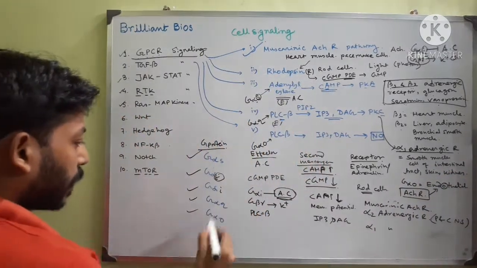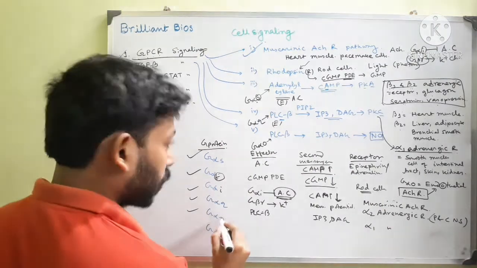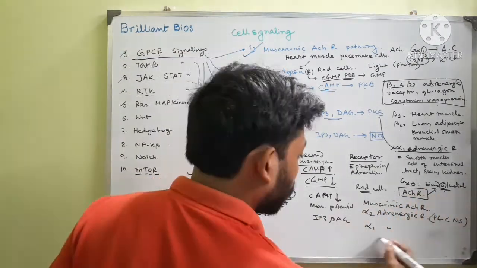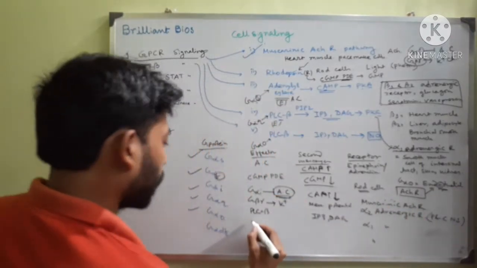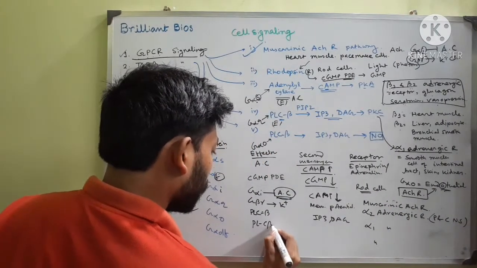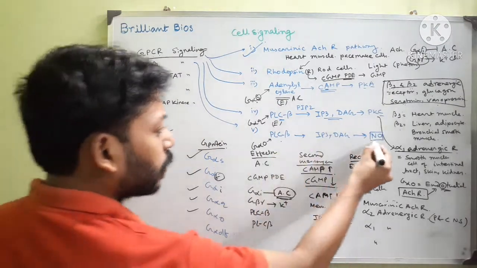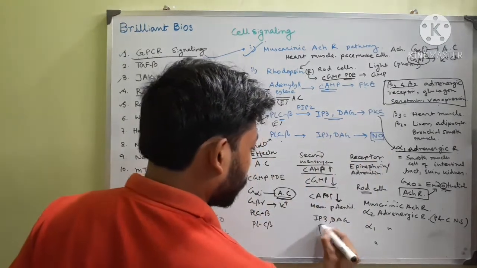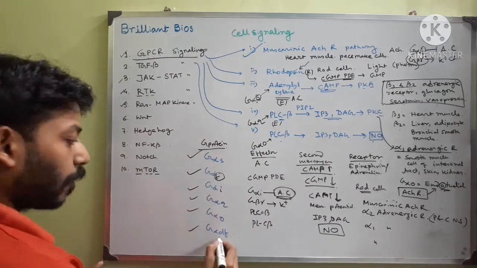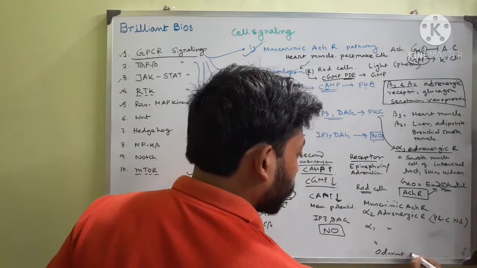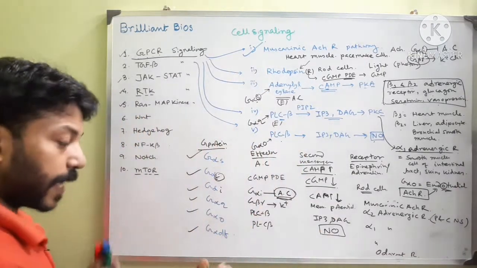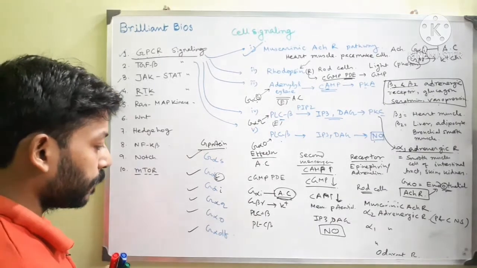Okay, and the G alpha O is present in endothelial cells, so I am not writing it here. This also activates the same pathway, PLC beta, but the last product here is nitric oxide. Okay, for olfaction, the odorant receptor is present in the nose, and it senses different types of odorants.